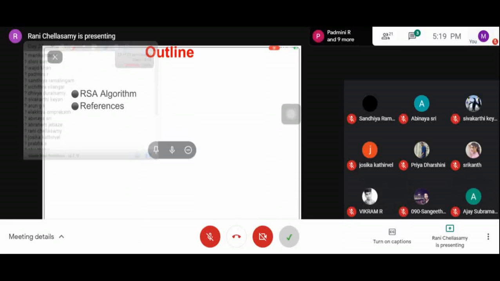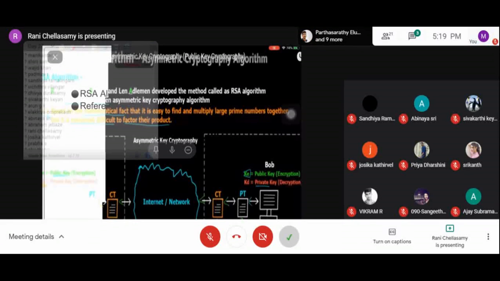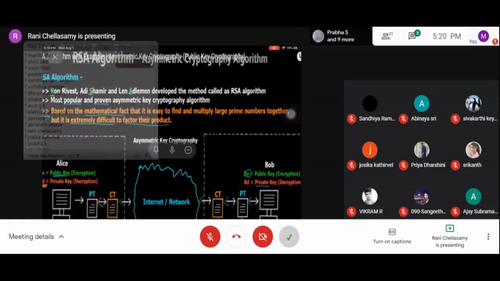The RSA algorithm is an asymmetric key cryptography algorithm, named after three persons, Ron Rivest, Adi Shamir, and Len Adleman, who developed it. From the first letters of their names, it has been coined as the RSA algorithm.